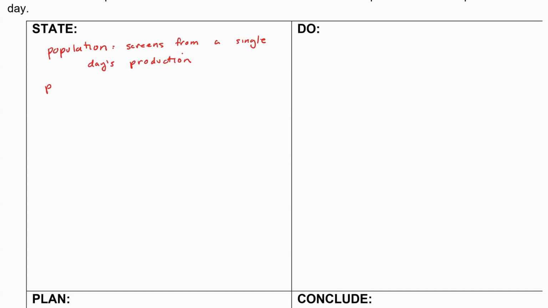What are we measuring about these screens? What's the parameter of interest? Well, it's the mean screen tension. And when units are given, we give them back, and that's measured in millivolts. We're done with step one.